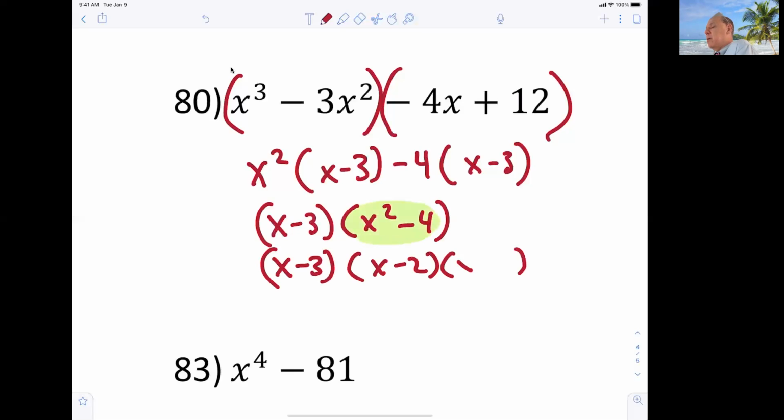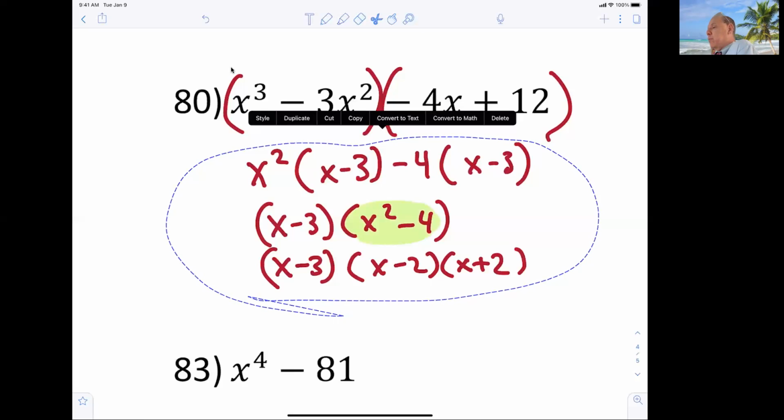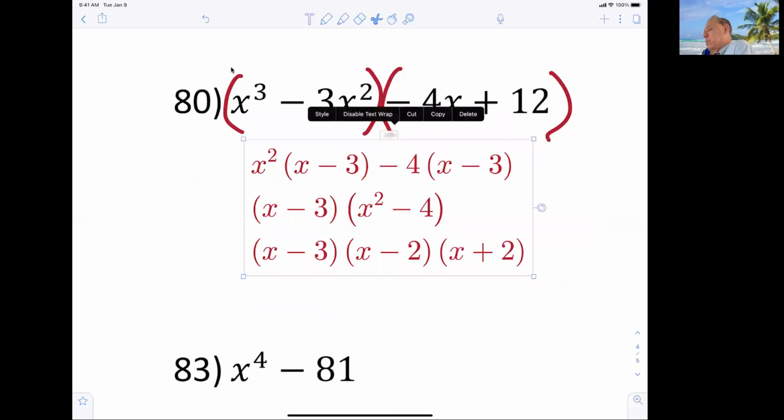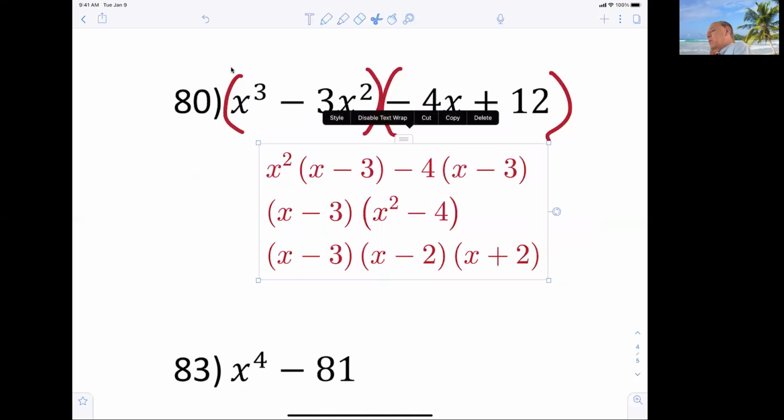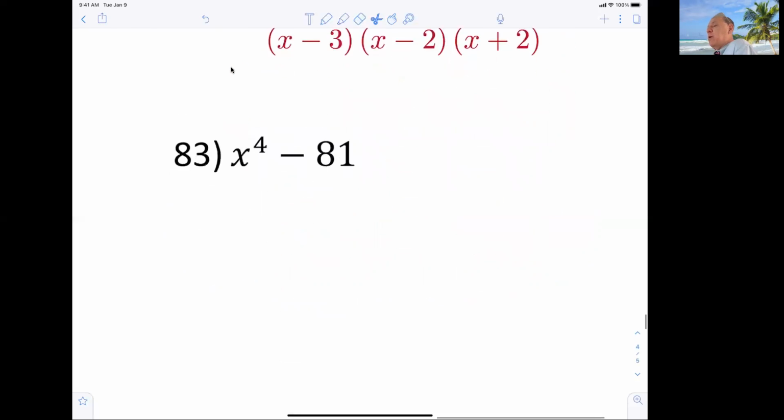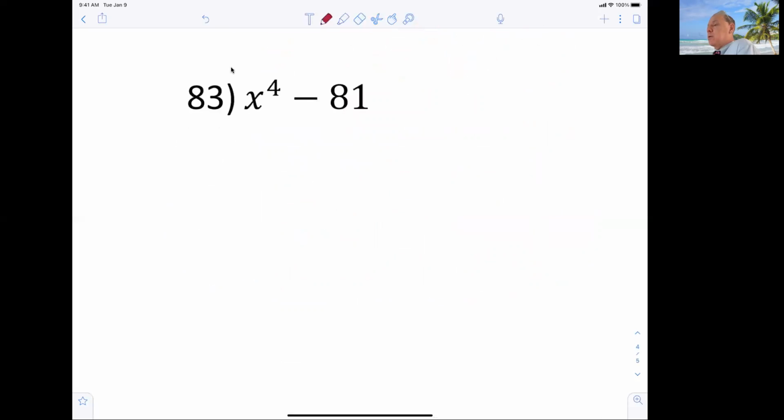And, yep. Here we go. Anybody have any questions with number 80? Easy, right? All right, 83, x to the 4th minus 81.